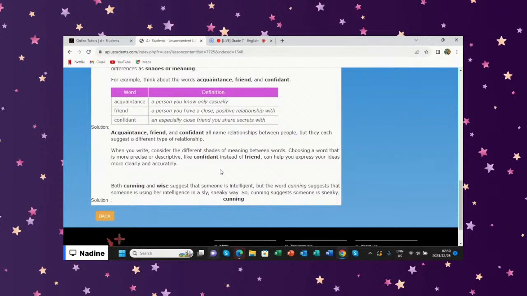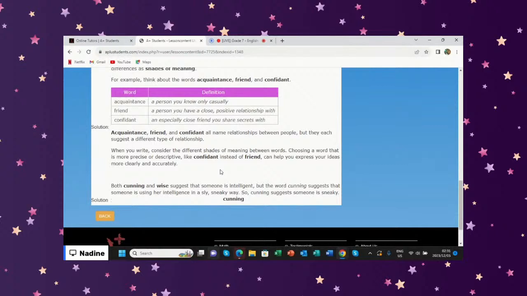But specifically, if we look at the word cunning, cunning suggests that someone is using her intelligence in a very sly and sneaky way. So both cunning as well as wise suggest that someone is intelligent. Usually, if someone is wise, we say someone is intelligent, someone is clever, right?